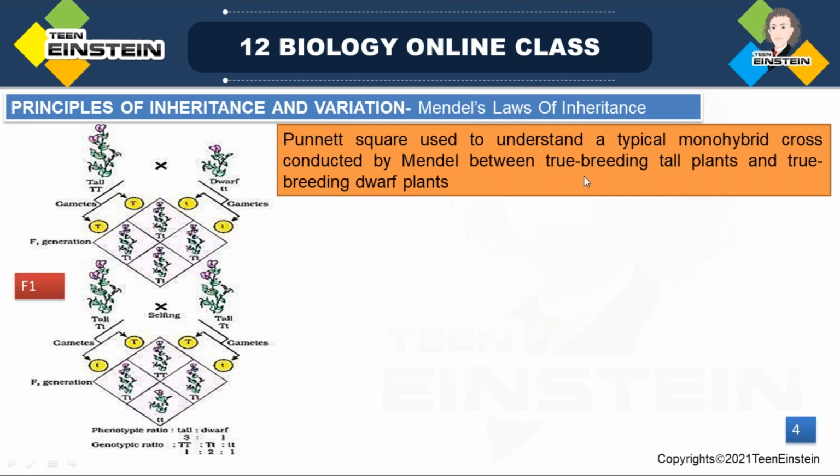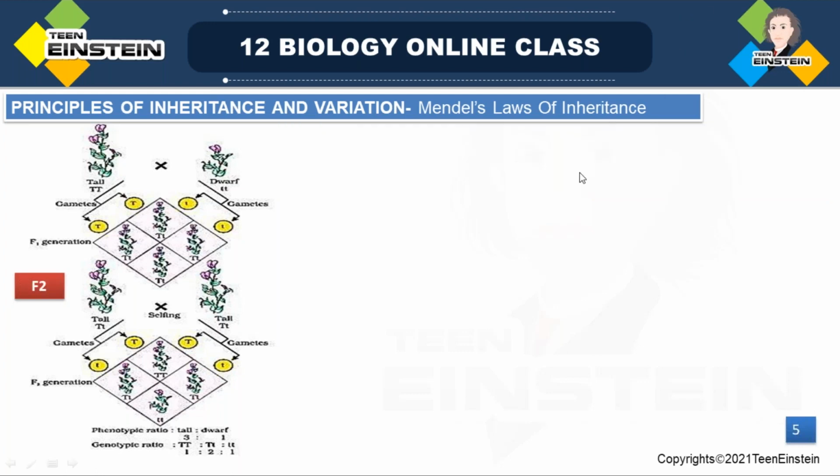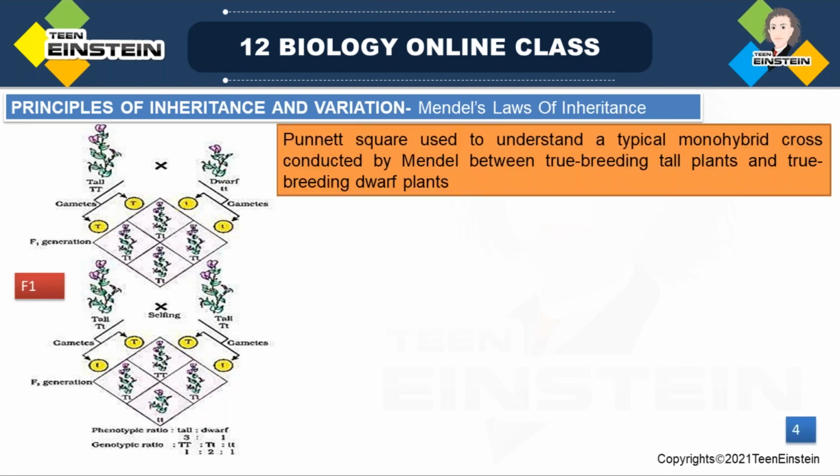Who developed this? Reginald C. Punnett. Okay. So the Punnett square is the diagrammatic representation of a hybridization, then the production of gametes by the parents and the formation of zygote and F1 and F2 plants.